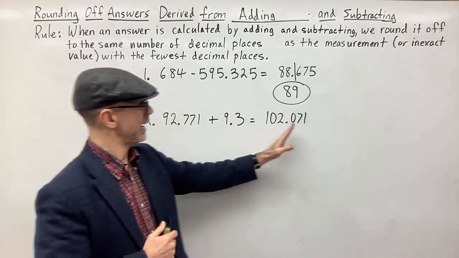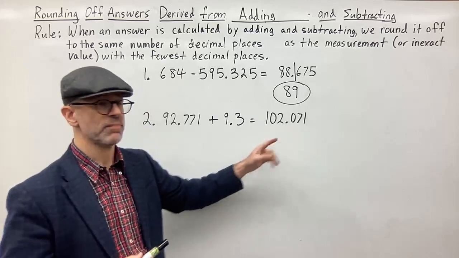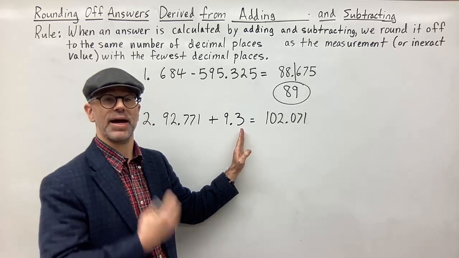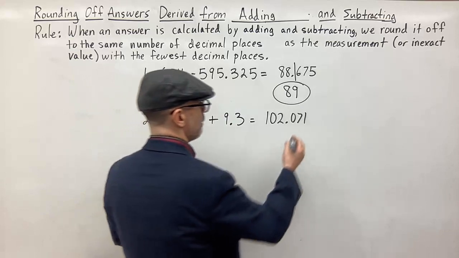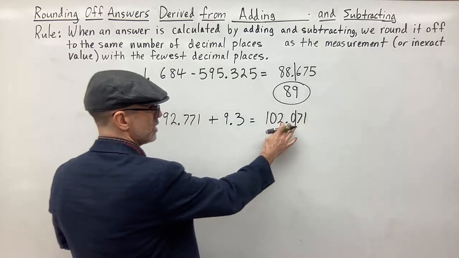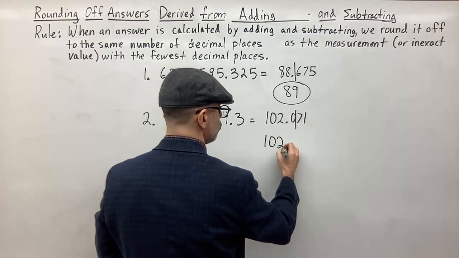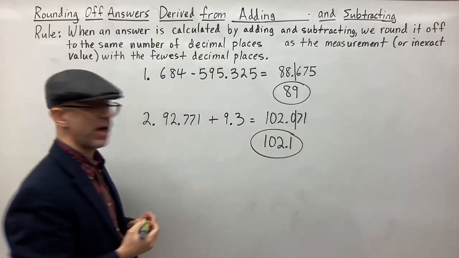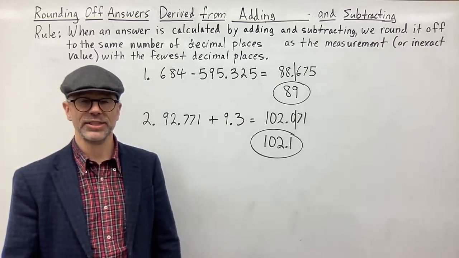So my answer should only have 1 decimal place, or the last digit I should accept in my answer should be in the tenths place. That means I'm going to cut it off here. There's a 7 next, so I'm going to have to round the 0 to a 1. So my final answer is 102.1. And that would be the final answer that I would record.